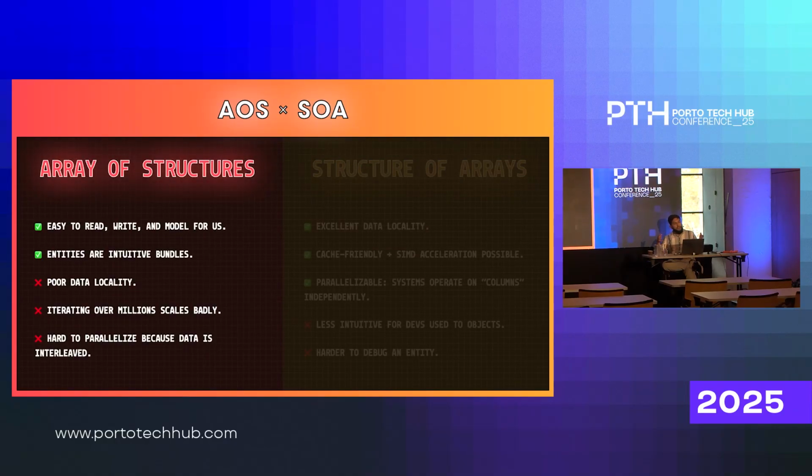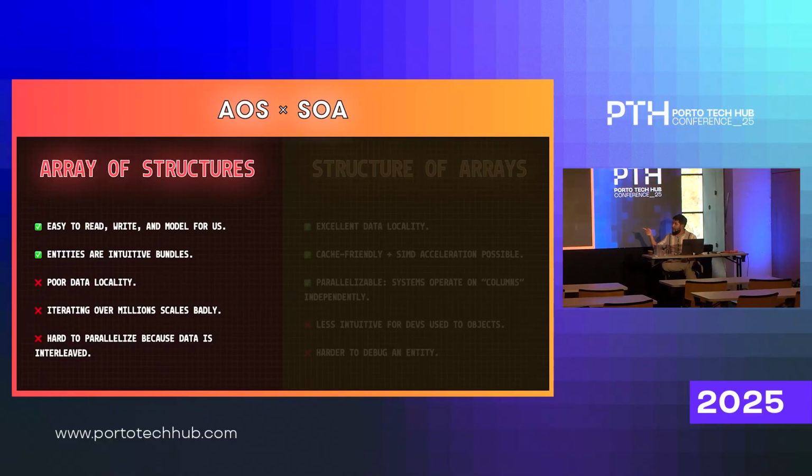Basically, the shift we're doing here is, as I mentioned, the first one was very easy to read, write, and model because it just makes sense in our head. We tend to bundle together properties of one entity. What happens, though, is that this brings in poor data locality, and we'll see how. Partially it has to do with accessing information from further away memory being bad.